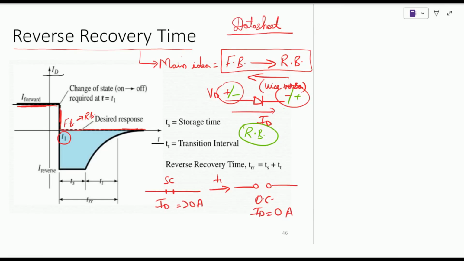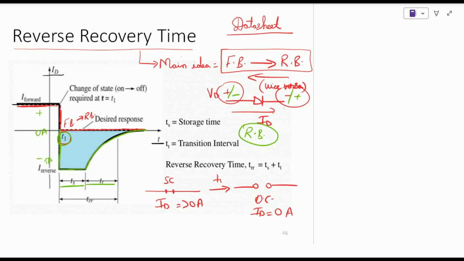If we switch at T1, the system is going to realize that the current value is not going to change instantly and it is moving from forward to reverse bias, which means the current will first start to lose its value from positive to negative, and then it is going to come back to its ideal state, and this is known as the storage period, T S. After a certain time, the storage period is going to move into a transition stage where any negative value of current, let's say minus 5 amps or milliamps, is going to move from minus 5 towards its lowest value, which is 0 amps. So this period is known as the transition period.